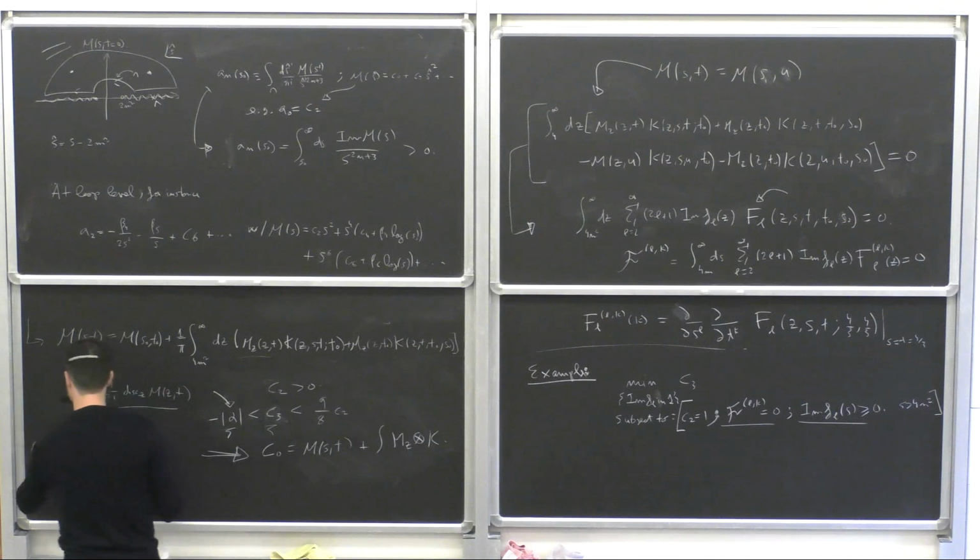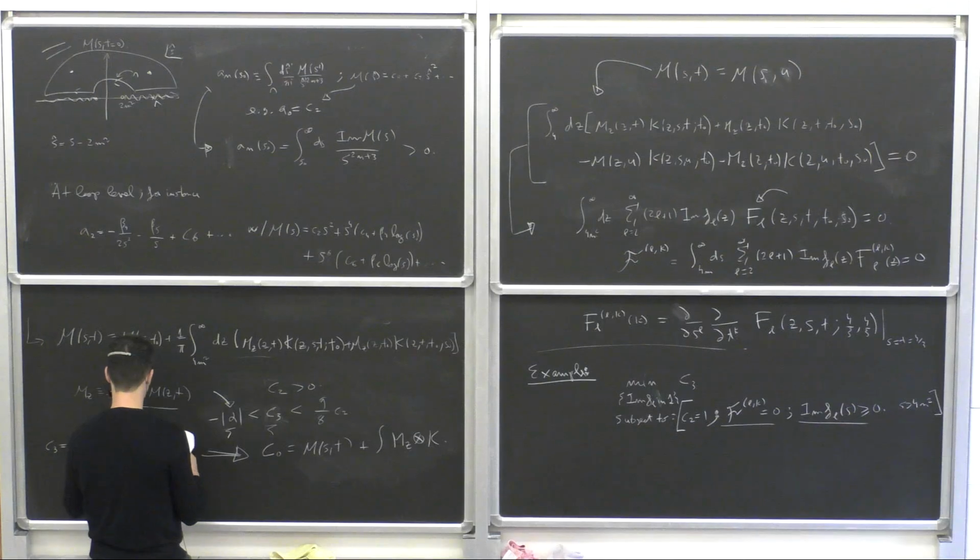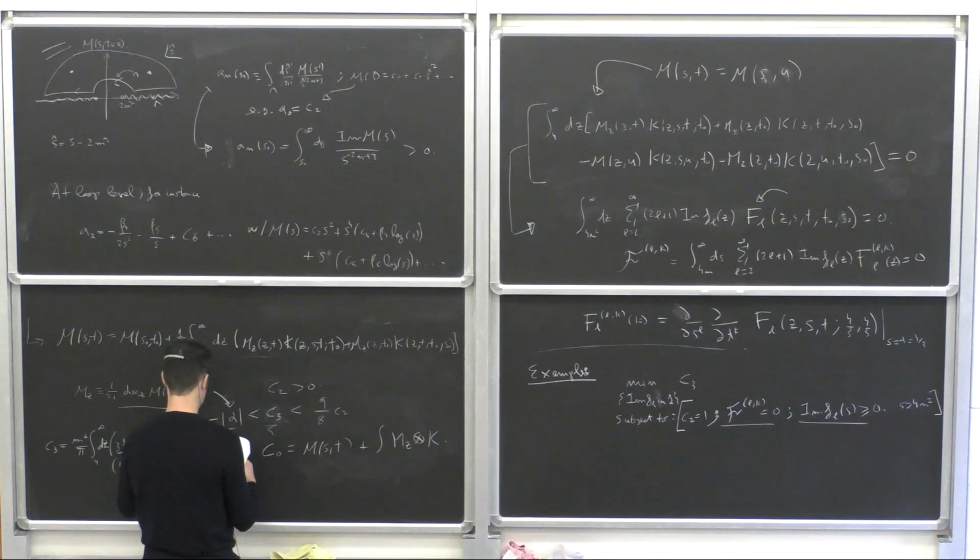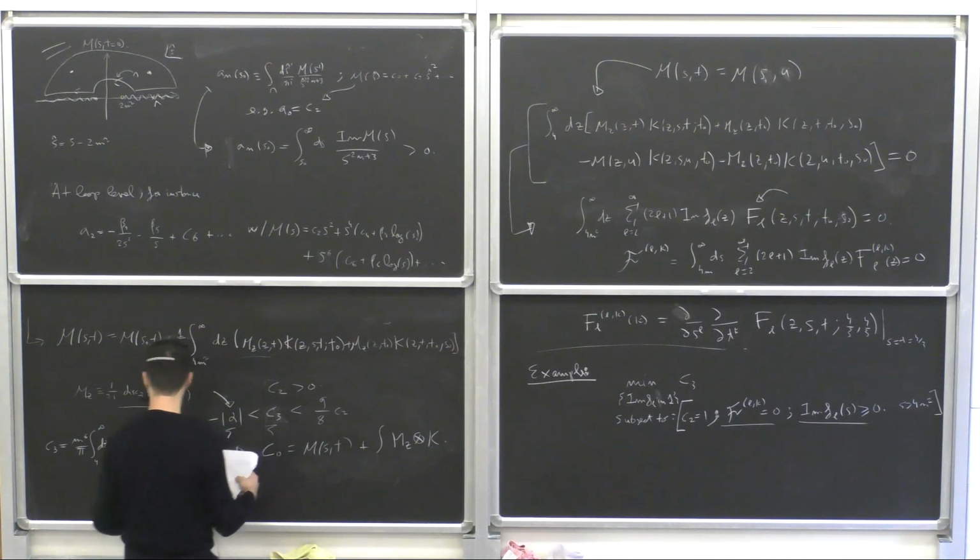I recall that C3 was M^6 over pi, an integral from 4 to infinity, dz, of Im M(z, 4/3) over z minus 4/3 to the 4th, minus dt Im M(z,t) over z minus 4/3 to the cube.